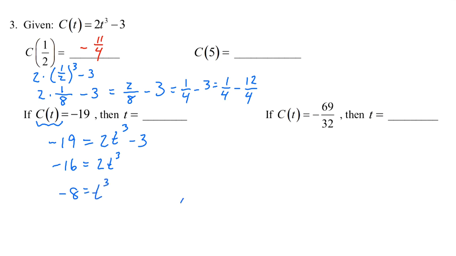All right, so when you have something like t squared equals 9, you would solve by taking the square root of 9. So if we have t cubed, you are going to solve by taking the cube root of that number. Now when you take a square root, it means something times itself that will give you 9, which that answer is a 3 for your square root of 9.